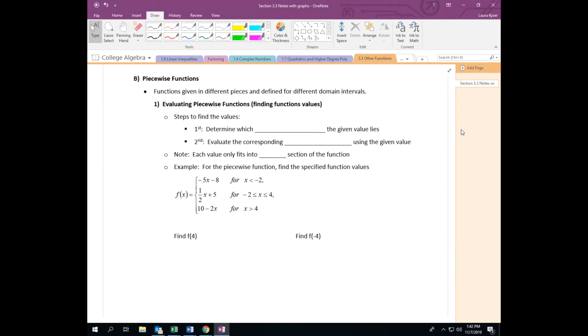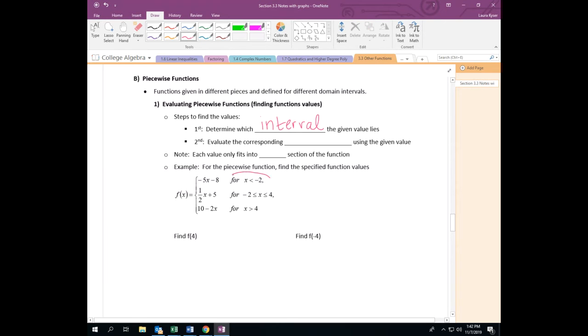So it's kind of like a guide for who's allowed in. Like if somebody was standing at the door and checking your ID, are you allowed to go into this function? Well, if you're a part of the interval, then you can. If you are not, then you cannot. So when we're determining what a piecewise function's value is, the first thing we have to do is determine which interval the value belongs to.